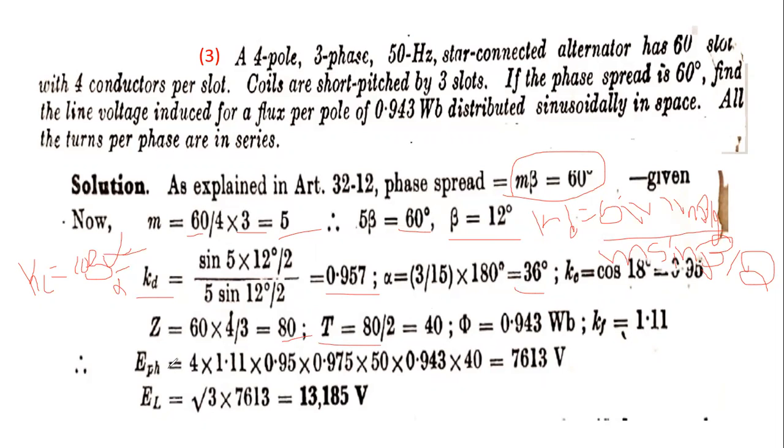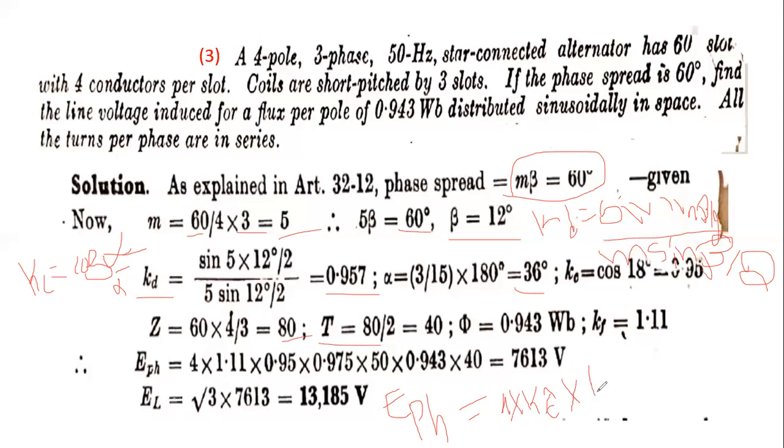After that, write down the formula for E phase. E phase is equal to 4 into KF, first KF. What is the value for KF? That is the fixed value.